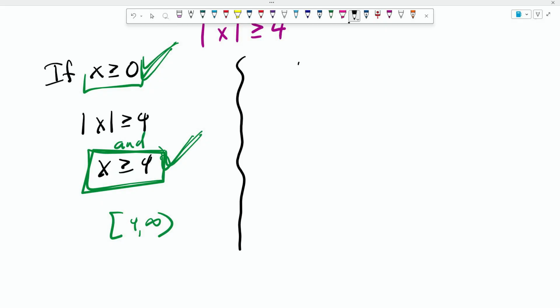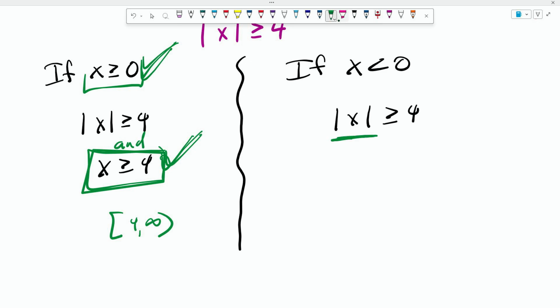And then if x is less than 0, since x is less than 0, what is the absolute value of x? It is negative x.